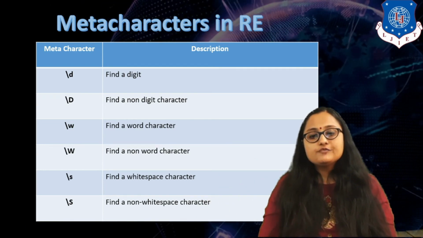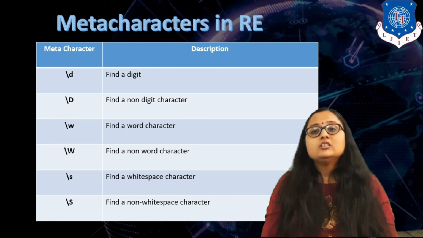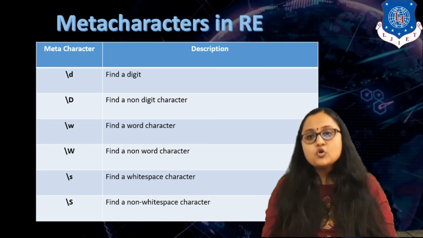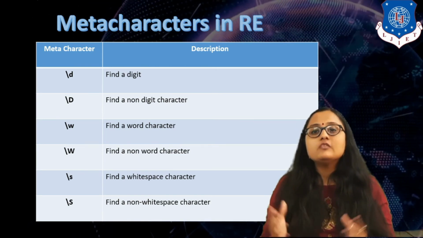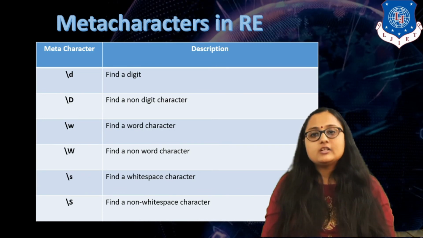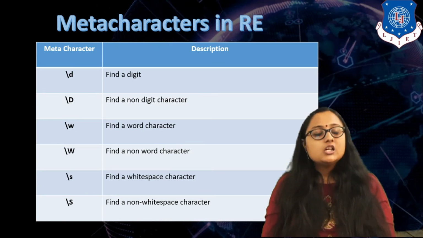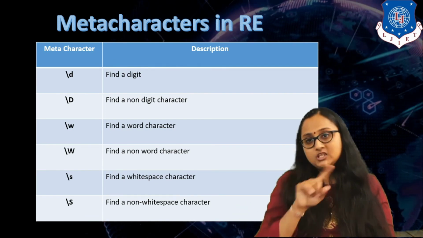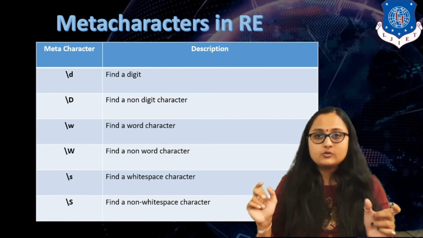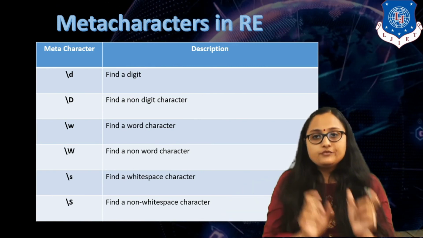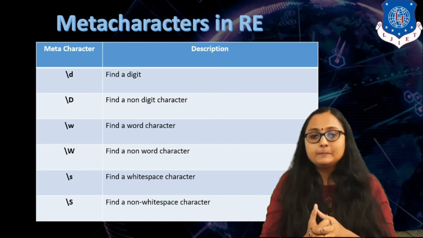The next is, if you want to find minimum one white space character, then you can use small s as a meta character. And if you want to find minimum one non-white space character, that is, there should be minimum one non-white space between two characters, then you can use capital S. You know what a white space is. If you write two words in a sentence, there is a white space between both of them.